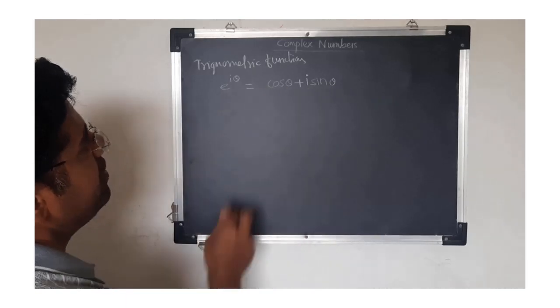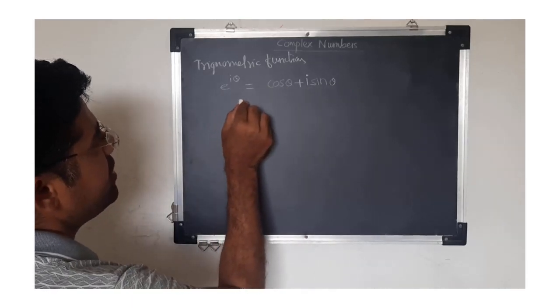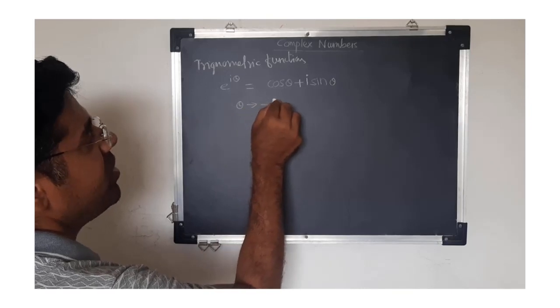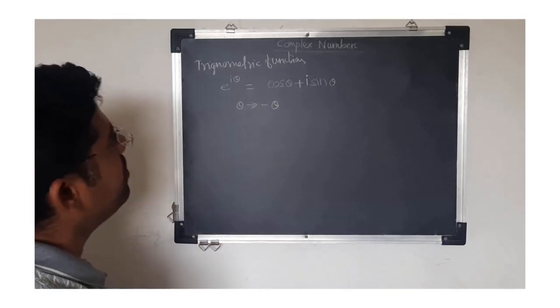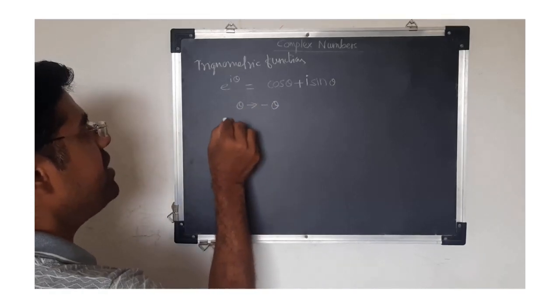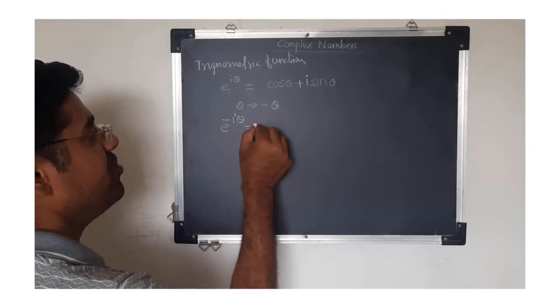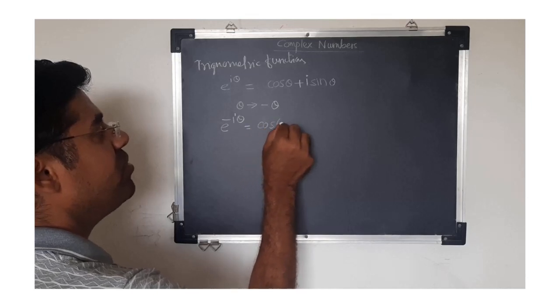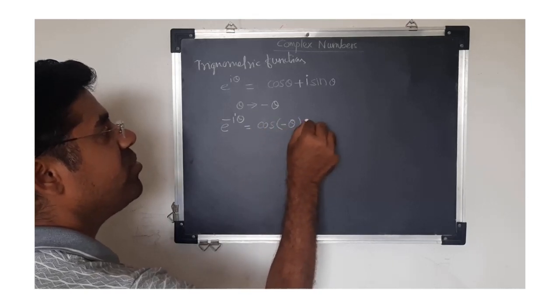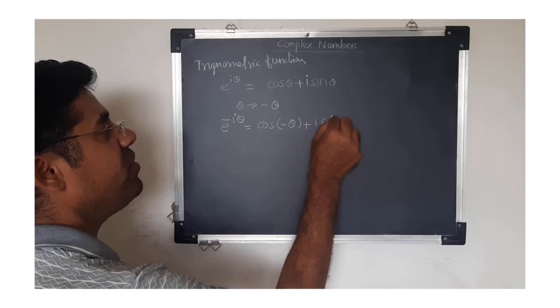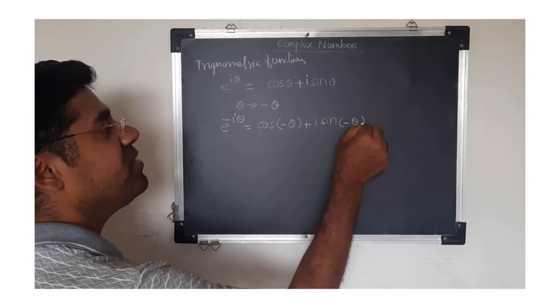Now here you have to find out, suppose theta is replaced with minus theta. So this will be e raised to minus i theta, which is nothing but cos of minus theta plus i times sin of minus theta.